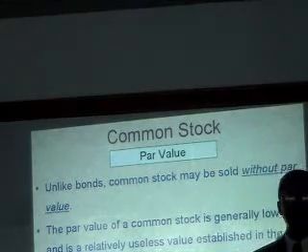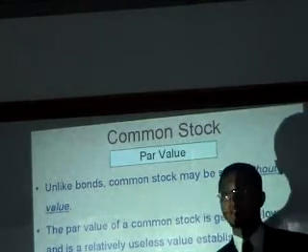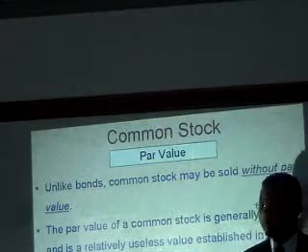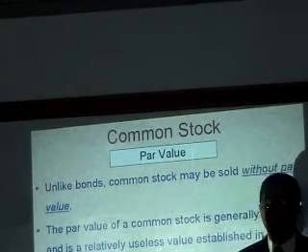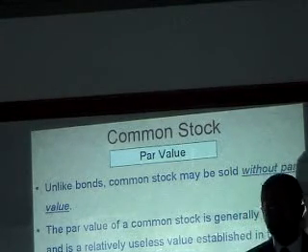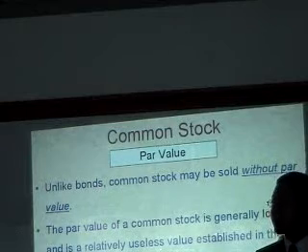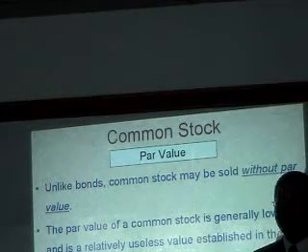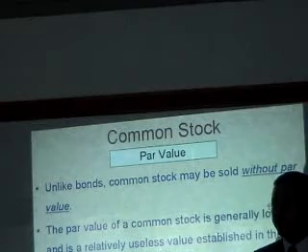It has no value actually for one share. A low par value may be advantageous in states where certain corporate taxes are based on the par value of the shares. These are some of the advantages.